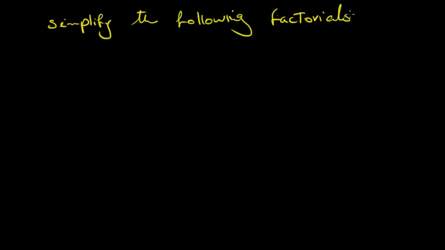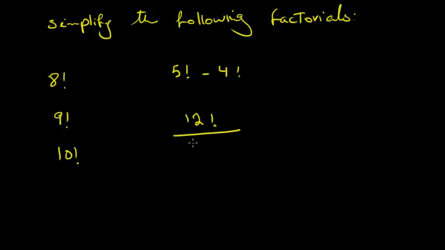Simplify the following factorials. 8 factorial, 9 factorial, 10 factorial, 5 factorial minus 4 factorial, 12 factorial divided by 7 factorial minus 5 factorial, 9 factorial minus 5 factorial, 10 factorial divided by 7 factorial and 2 factorial.